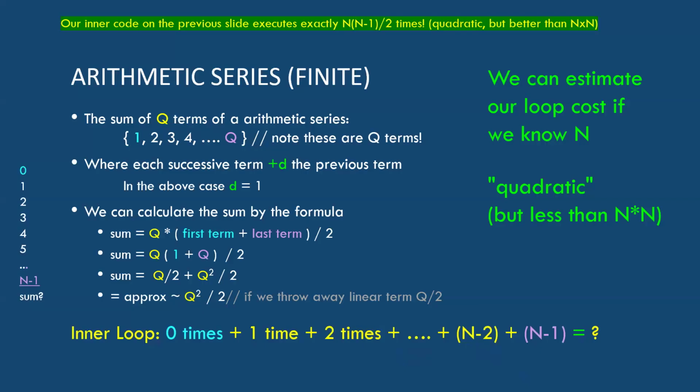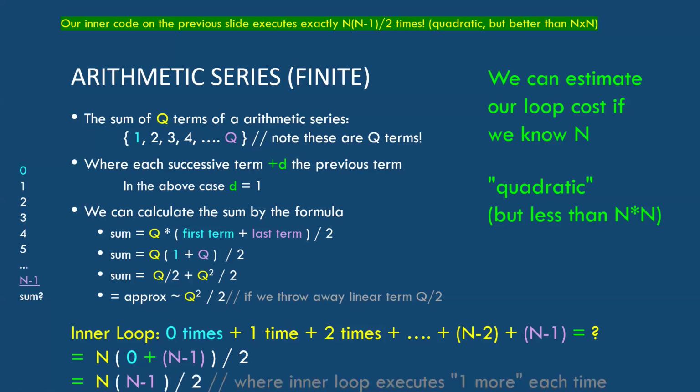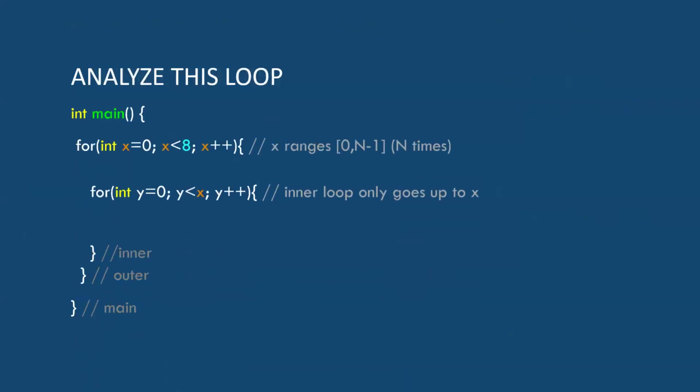Okay. So I won't take you through all the math on this, but basically if we're counting the inner loops, the first is 0, the last is n minus 1. So we do the little equation here and we come up with n squared is the highest term. So quadratic, right? That's really what that ends up doing for us, okay?